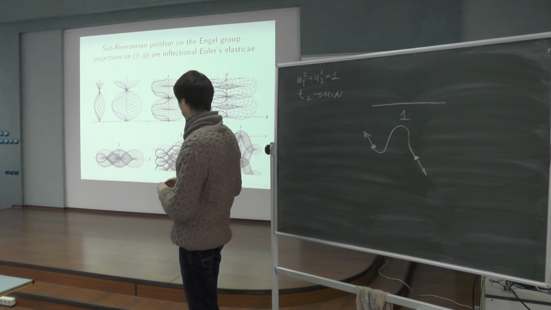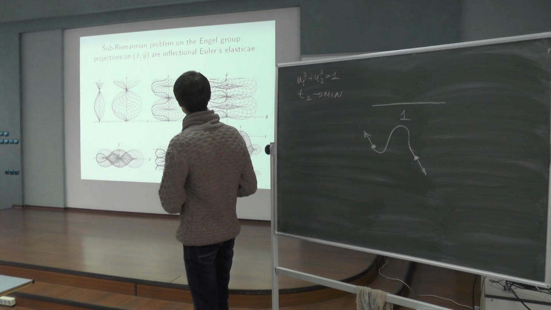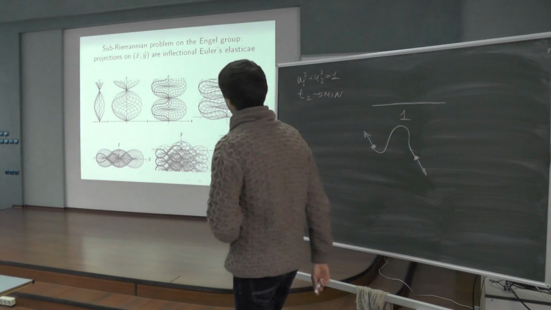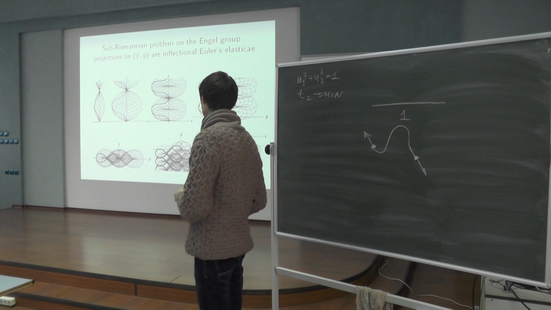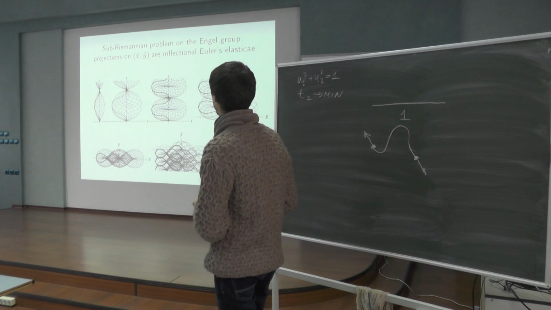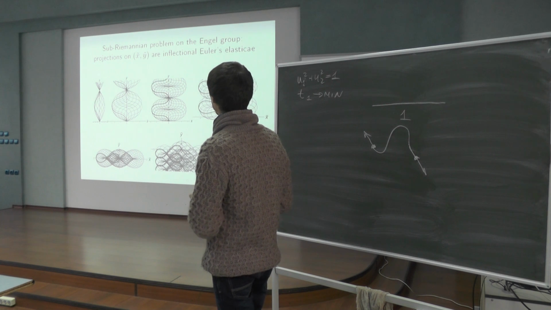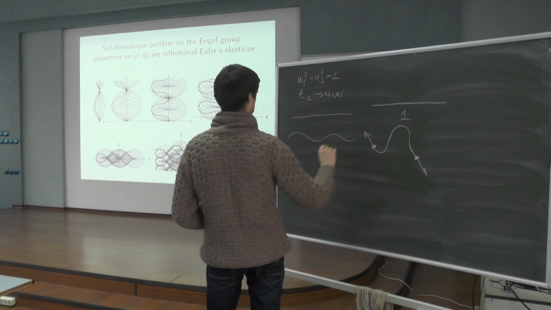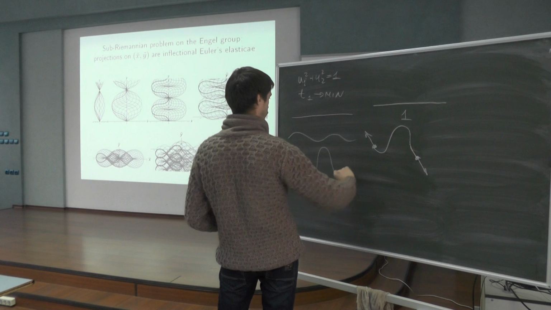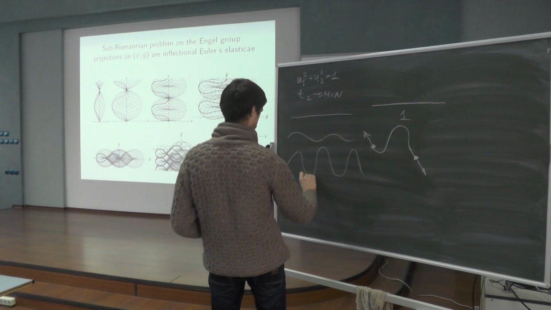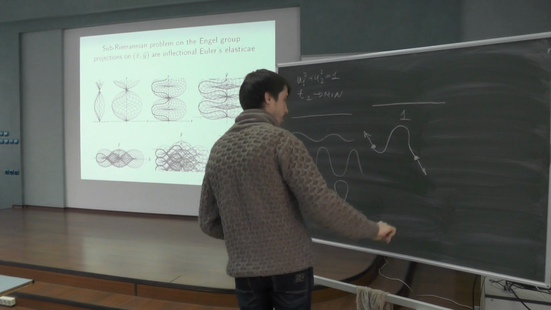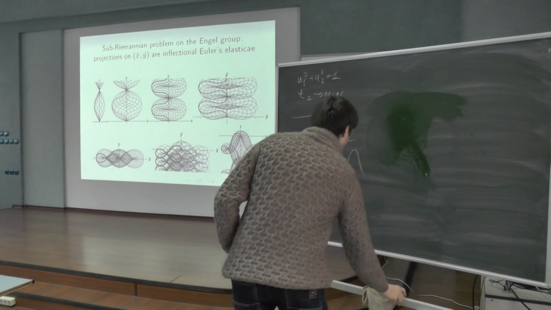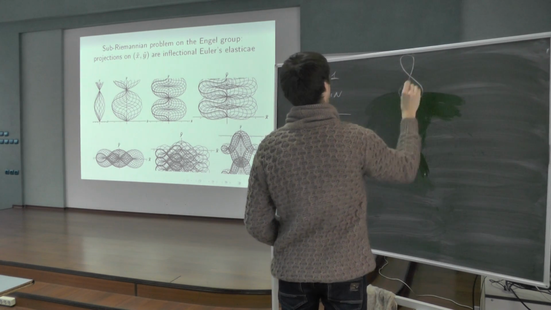Inflectional elastica, you can see here examples of those elastica, and I can say that here in the limit we have a straight line, so we start from a straight line, then it becomes something like this, and then at some moment we have a special figure of 8.